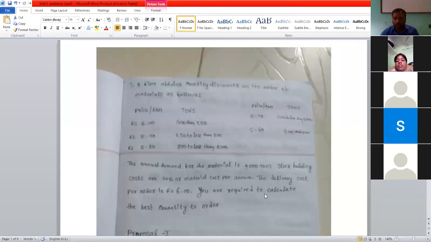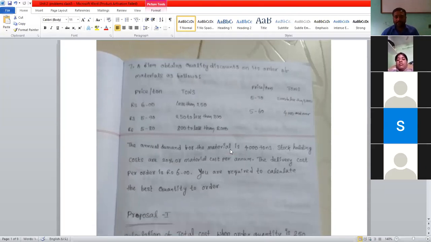You are required to calculate the best quantity to order. Once again, at the various prices, he is going to purchase different quantities, and we are going to find the total cost of the different quantities and which proposal is the best one, that is the economic order quantity.